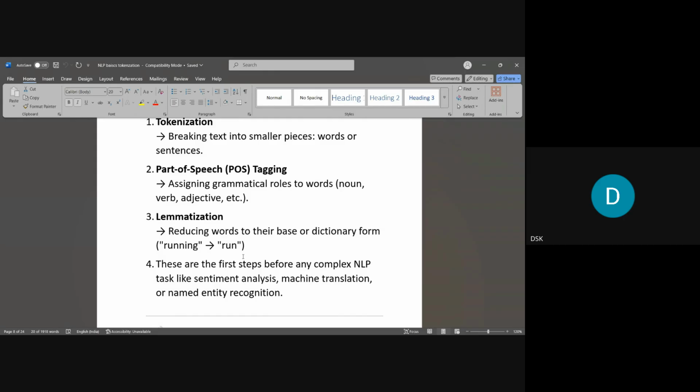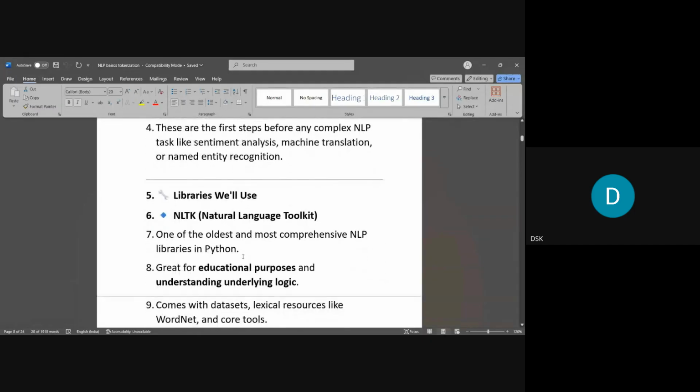So these are the very first steps before any complex NLP tasks like sentiment analysis, machine translation, or named entity recognition. The libraries we'll use in this are, first, the Natural Language Toolkit, NLTK. It is one of the oldest and most comprehensive NLP libraries in Python.